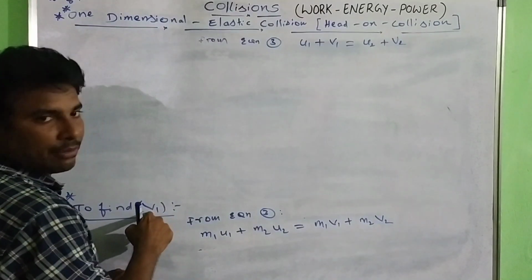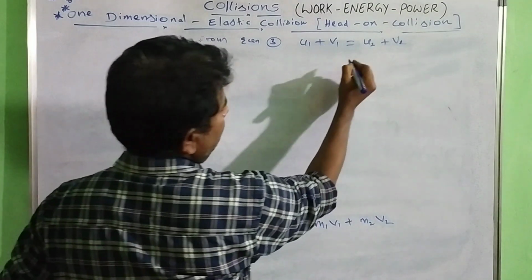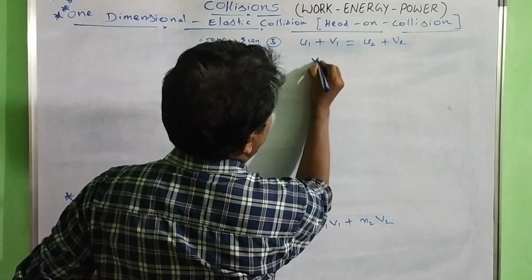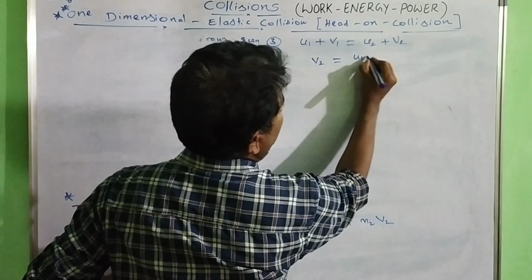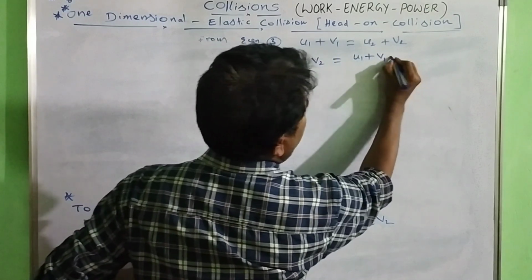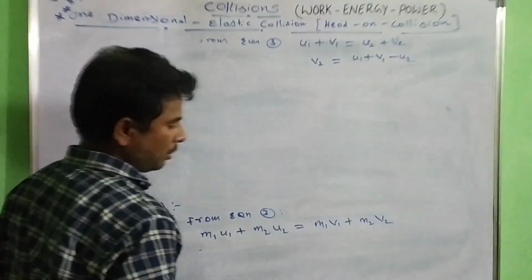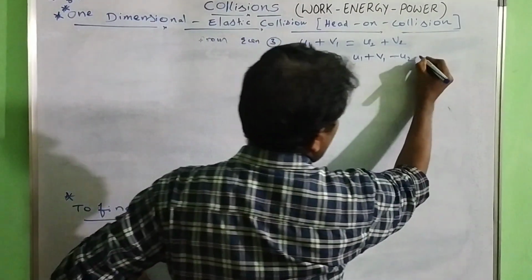To find velocity v1, v2 is calculated: v2 equals u1 plus v1 minus u2. This is equation 4.